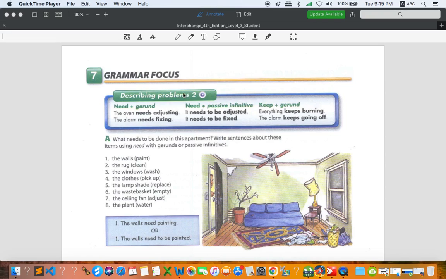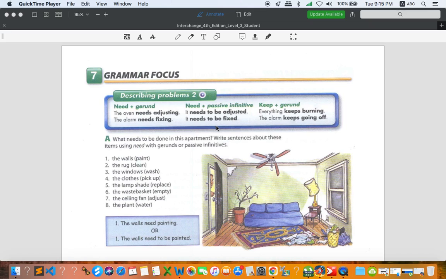To give a solution, we can use need, and here we have two different ways: need plus gerund and need plus passive infinitive. Need plus gerund is just verb-ing, and need plus passive infinitive, to be verb 3, is about solutions as well. The meaning of these two is the same; the only difference is the form.